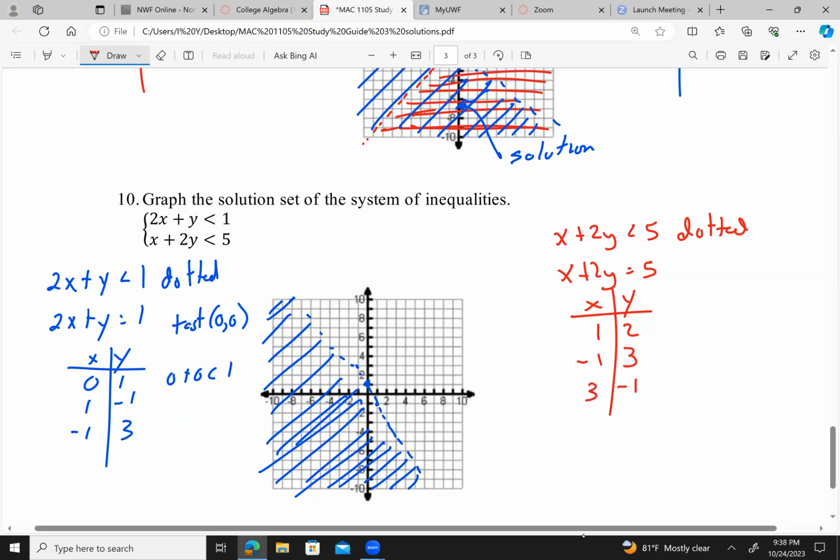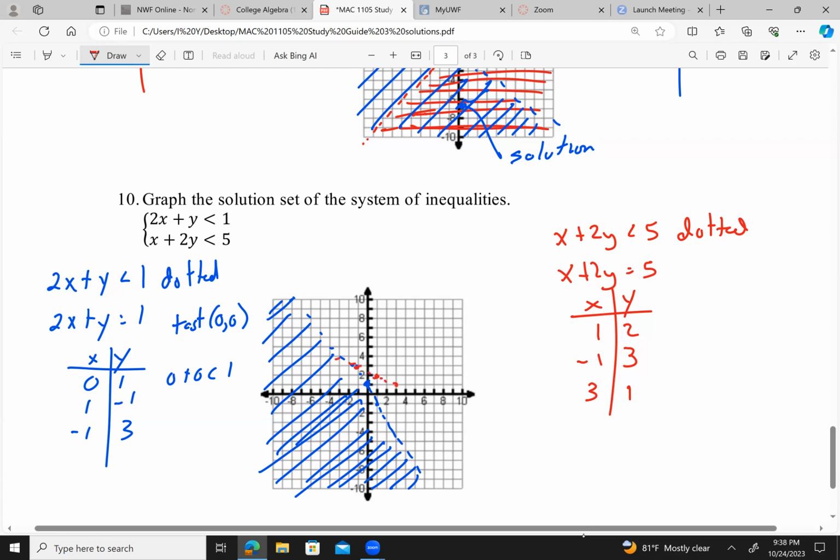We get negative 1. No, positive 1. So we have our points 1, 2, negative 1, 3, and 3, 1.